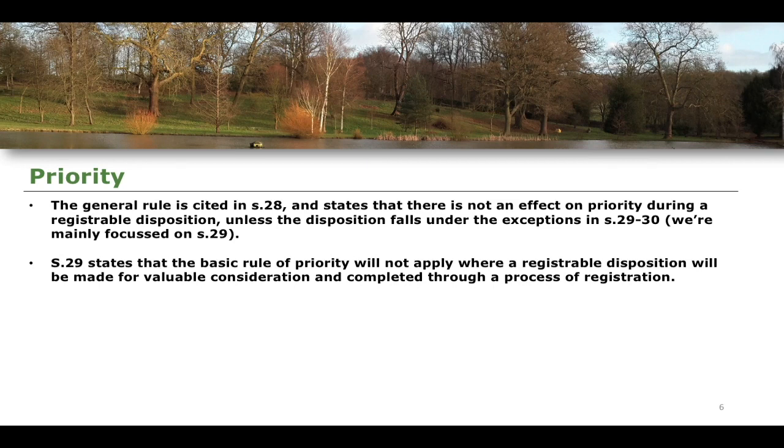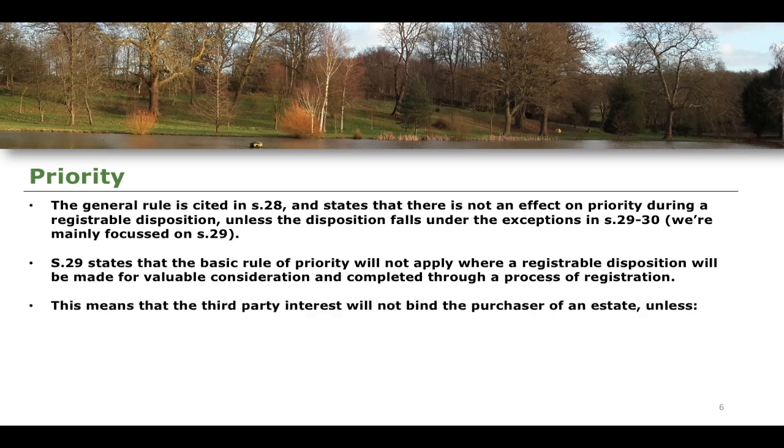Section 29 simply says that the basic rule of priority, which we saw in section 28, will not apply where a registrable disposition is made for valuable consideration, i.e. in exchange for some kind of consideration, like you would see, for example, in the law of contracts, something for something else, i.e. mainly the purchase of an estate, completed through a process of registration.